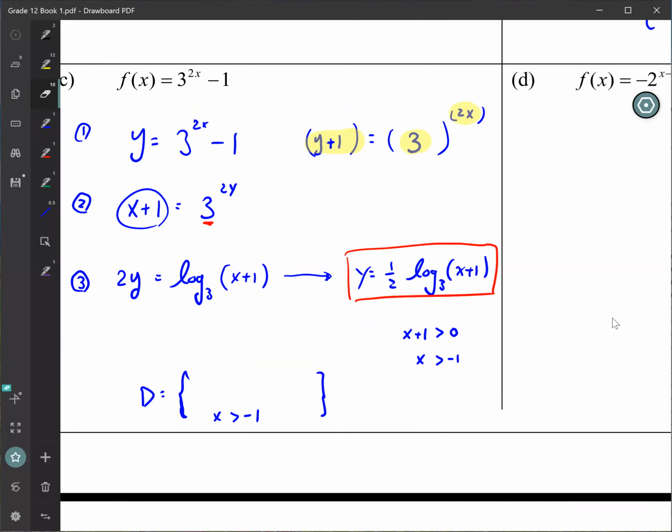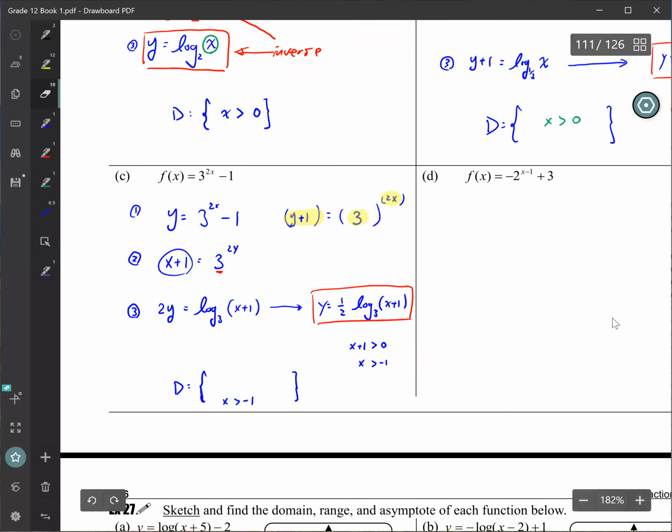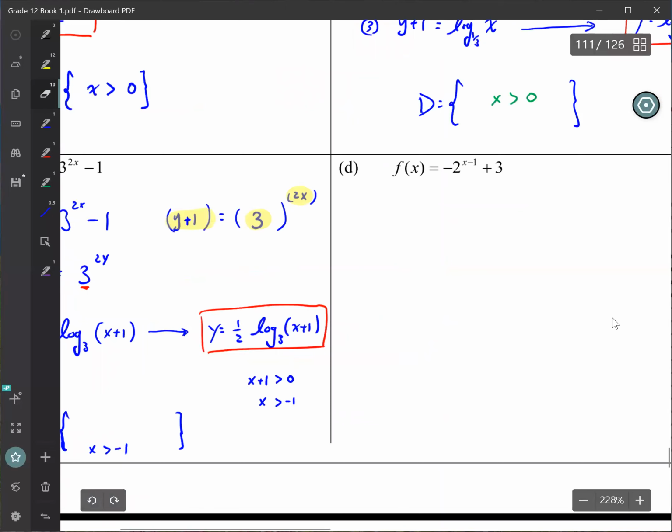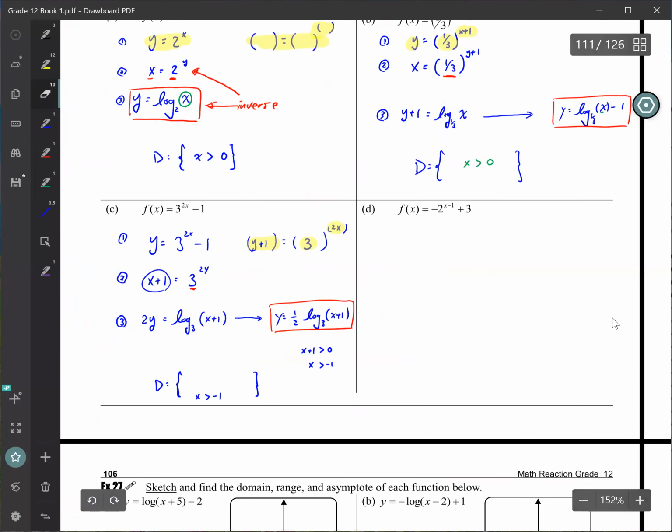All right, any questions? Okay, we have one more to try. This time I'll let you start with the whole thing. Turn it into the 3 brackets first: exponent, base, and the other side, and then carry out step 1, 2, 3. And then domain. Hopefully this time you can get 100%.